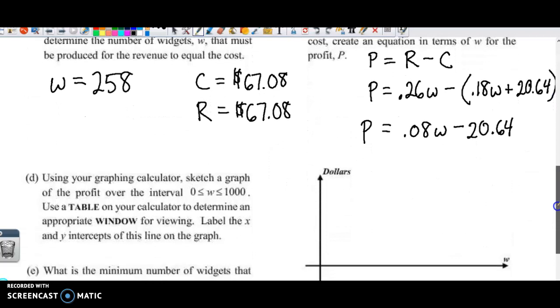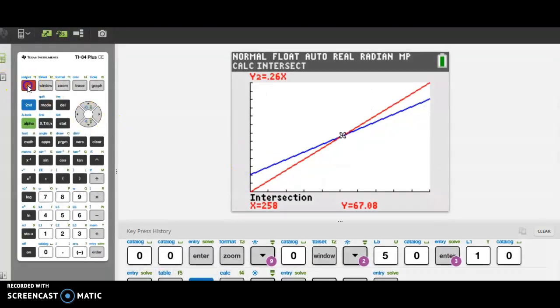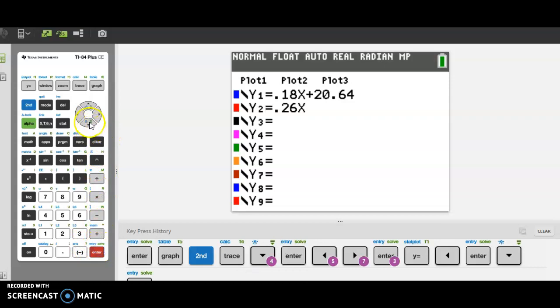And so if we use a calculator one more time, we can sketch a graph of the profit equation. Here's another trick with your calculator. There's a couple things I want to show you. If you hit enter on these equal signs, you can actually not see them in your graph anymore.